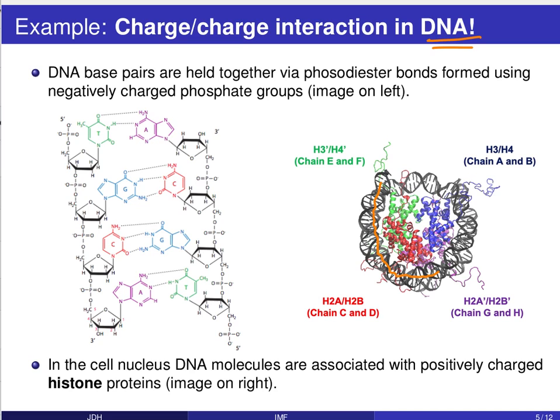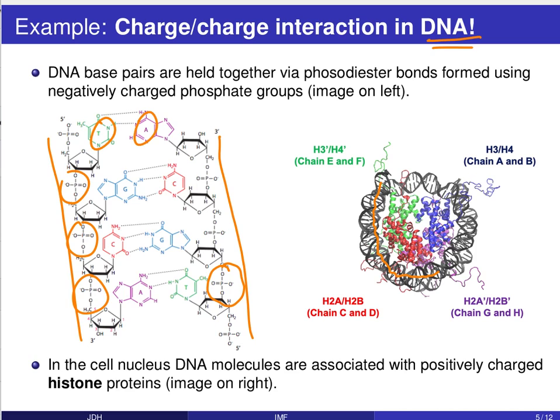Okay, if we unwind that double helix and look at the backbone of that DNA molecule, what we find illustrated right here are these groups where we have phosphates. These little phosphate groups line the whole backbone, and then these are A's and T's, C's and G's, the base pairs right here.